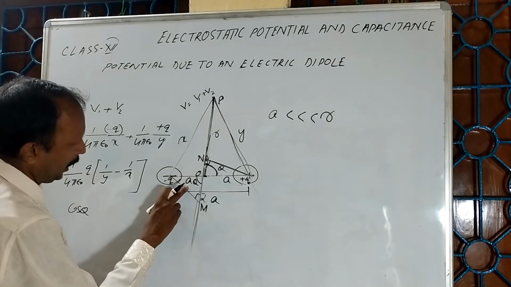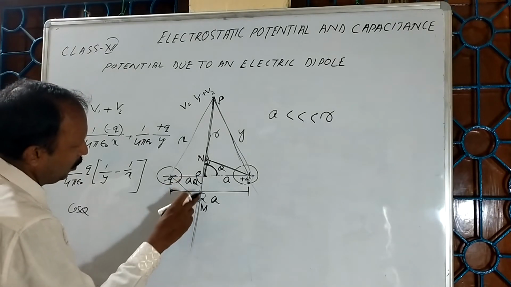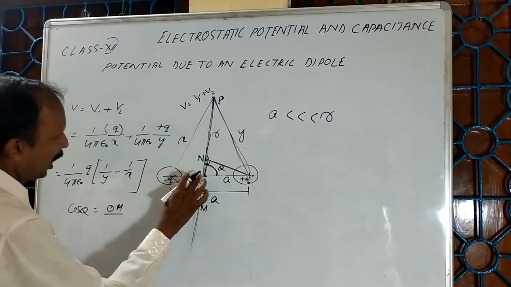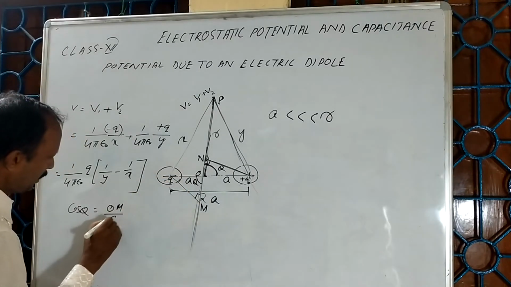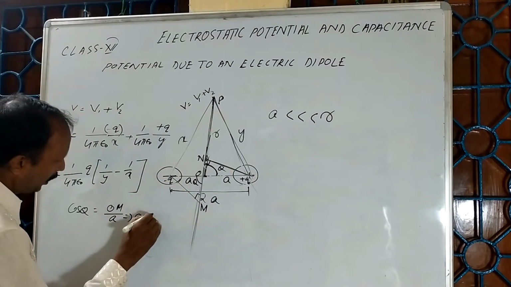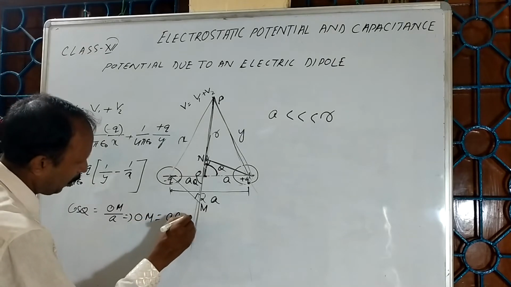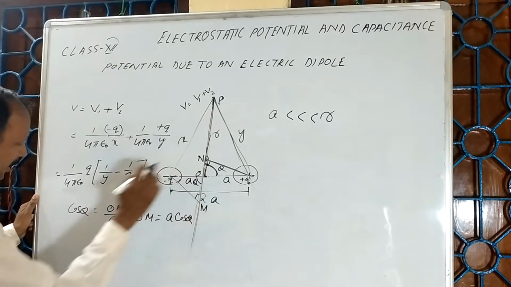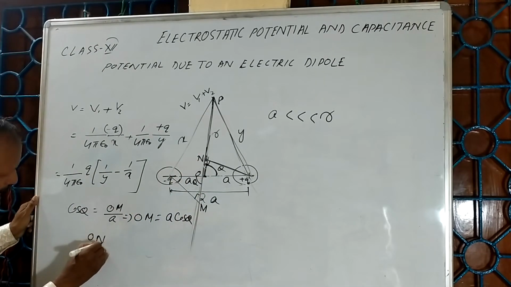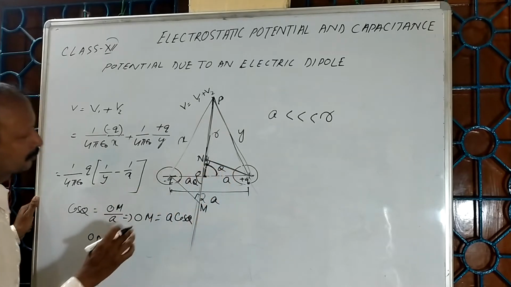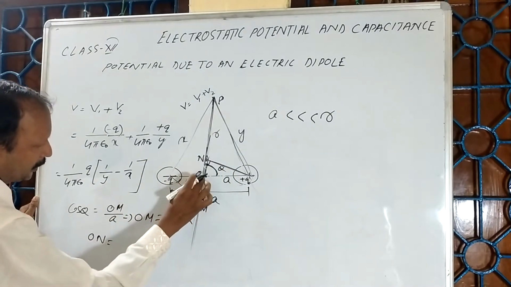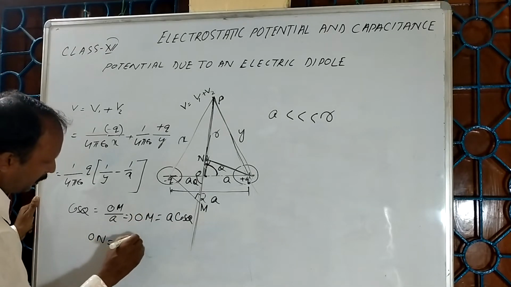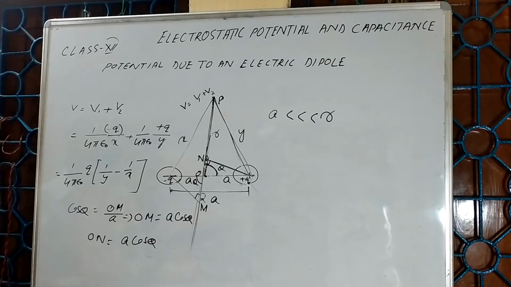So in this triangle, the adjacent side is OM, so OM upon hypotenuse, which I have taken as A, implies that OM is equal to A cos theta. Similarly, in this triangle, ON also I can find as A cos theta.